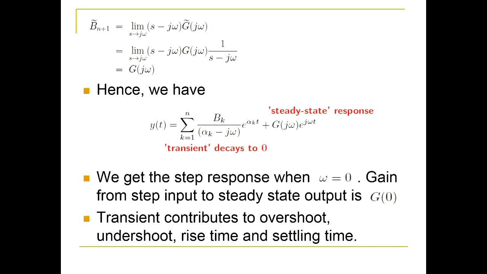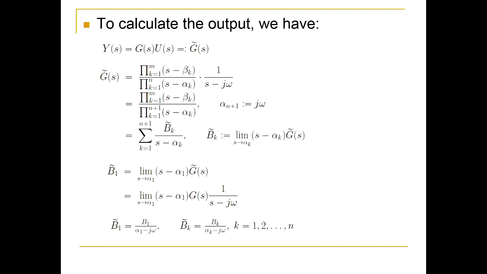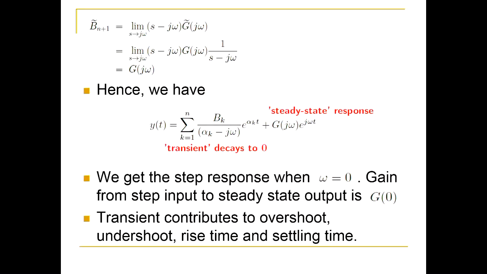So the overall output, if I take the inverse Laplace transform now, by the way, I have the partial fraction expansion. I calculated all the B tildes, and how do I find the time response? I take the inverse Laplace transform. So the inverse Laplace transform is basically the sum of inverse Laplace transforms of all the terms due to the poles of the plant, plus this term which is due to the input.